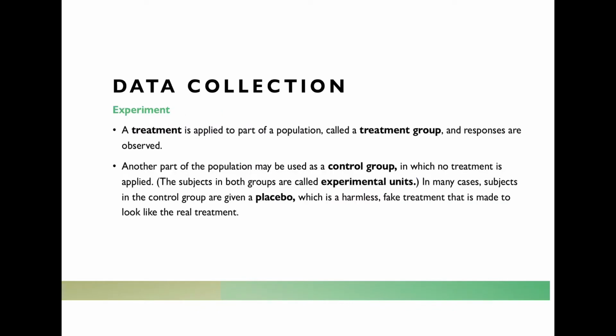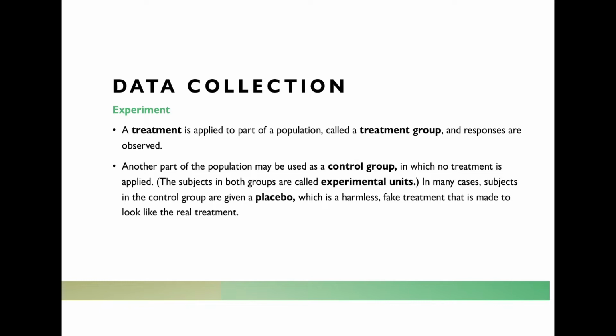Observational studies stand in contrast to experimental data. In experimental data, we actually actively interfere with our sample from the population. Whereas with observational studies, we're trying to observe data, collect data that already exists.